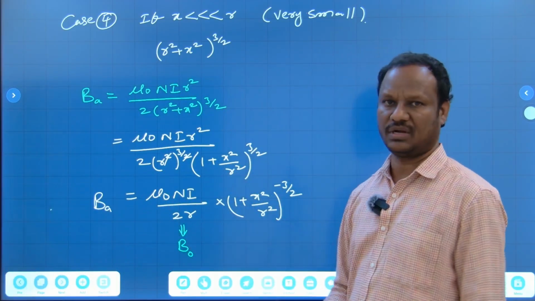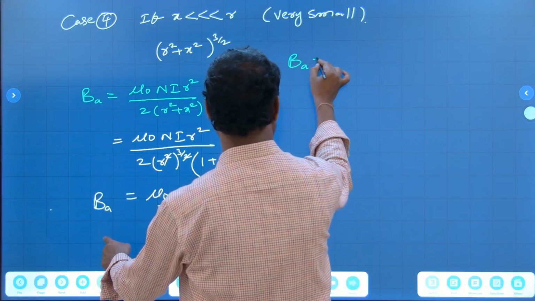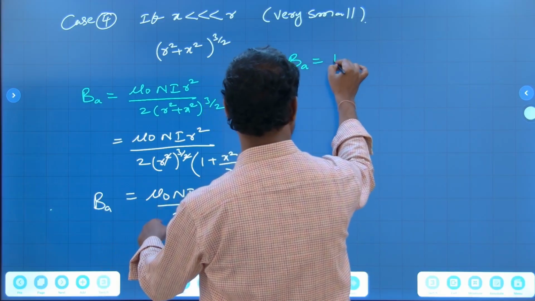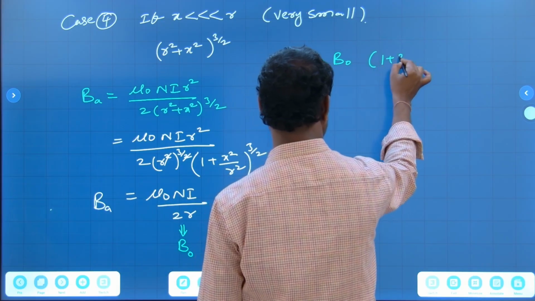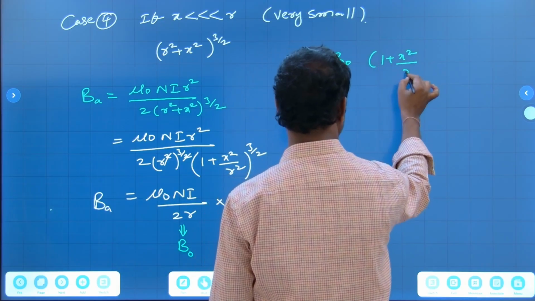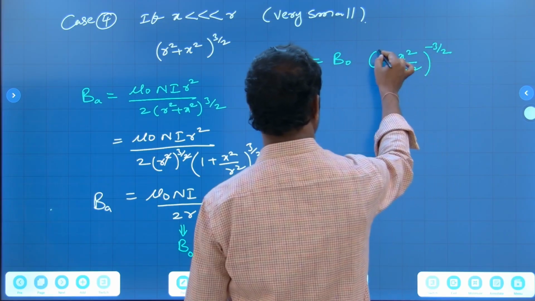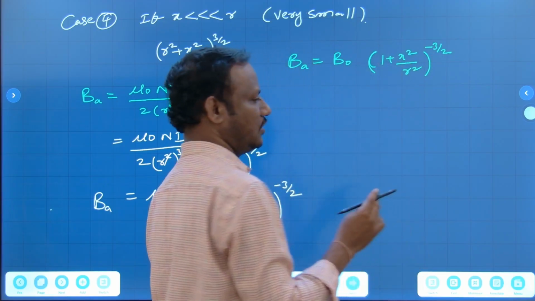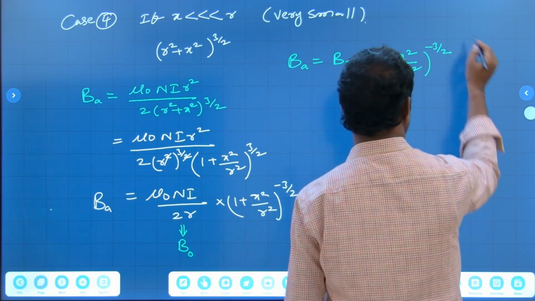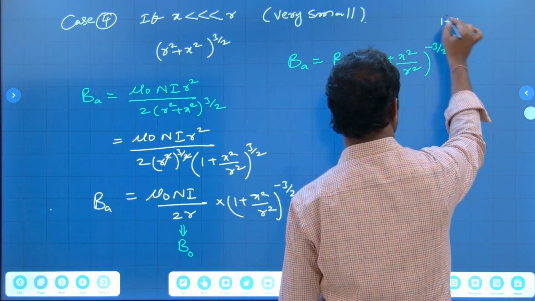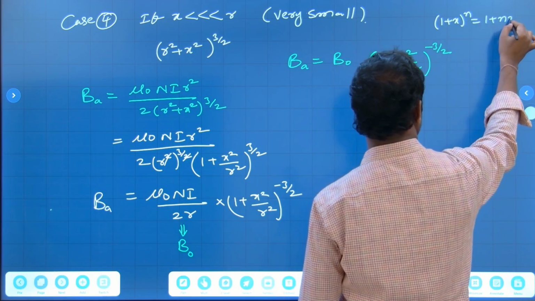N is the number of turns. So B axial is equal to B naught times 1 plus x square by r square to the power of minus 3 by 2. It is for a very small x, so I have to use the binomial expansion. 1 plus x to the power of n is equal to 1 plus nx.